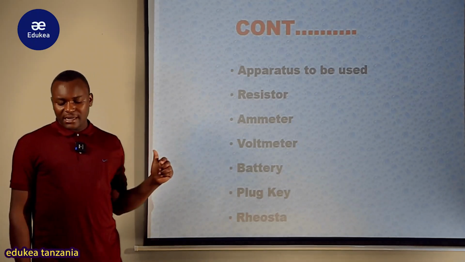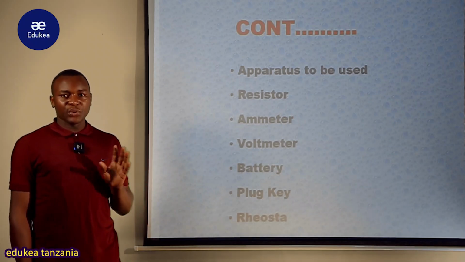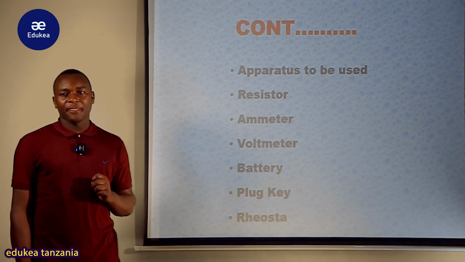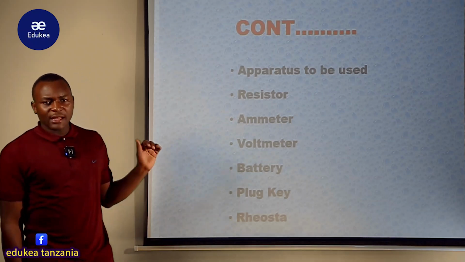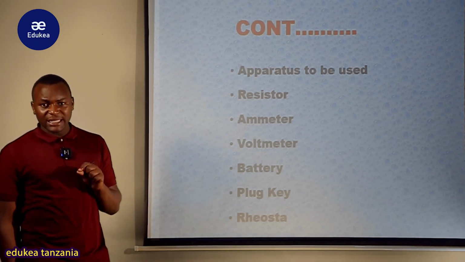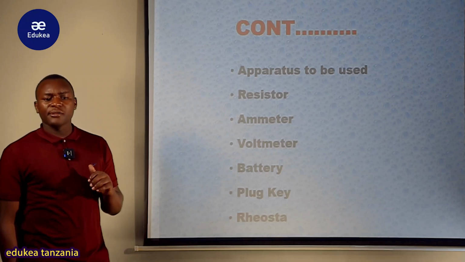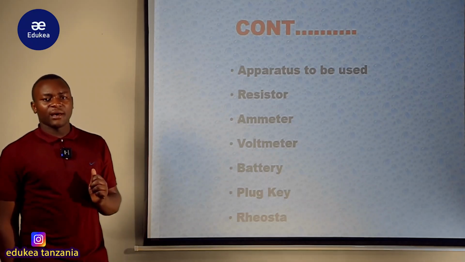But there is one missing, which we call a connecting wire. It is necessary. So those are the apparatus needed within the laboratory so that we can verify Ohm's law.